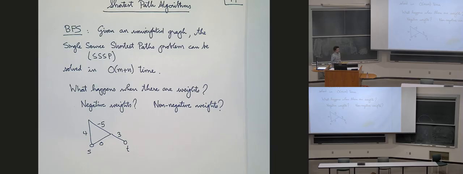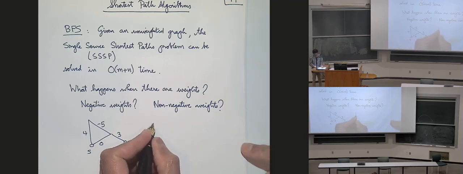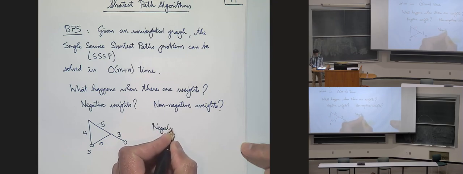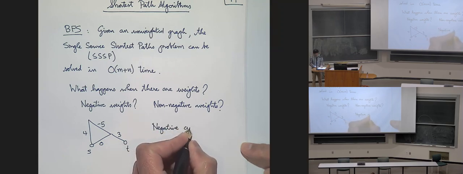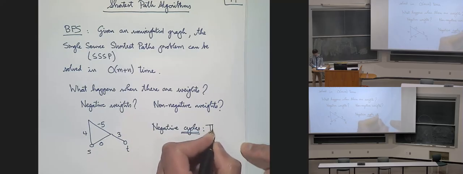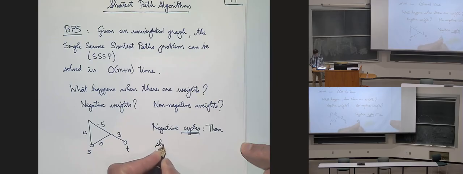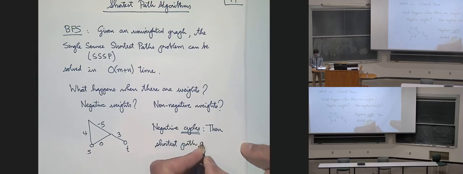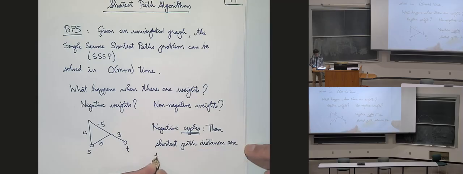Okay, so you say that if you have a situation like this, then the distance of S to itself is not defined properly. Right? So what happens is, if there are negative cycles, then shortest path distances are undefined.